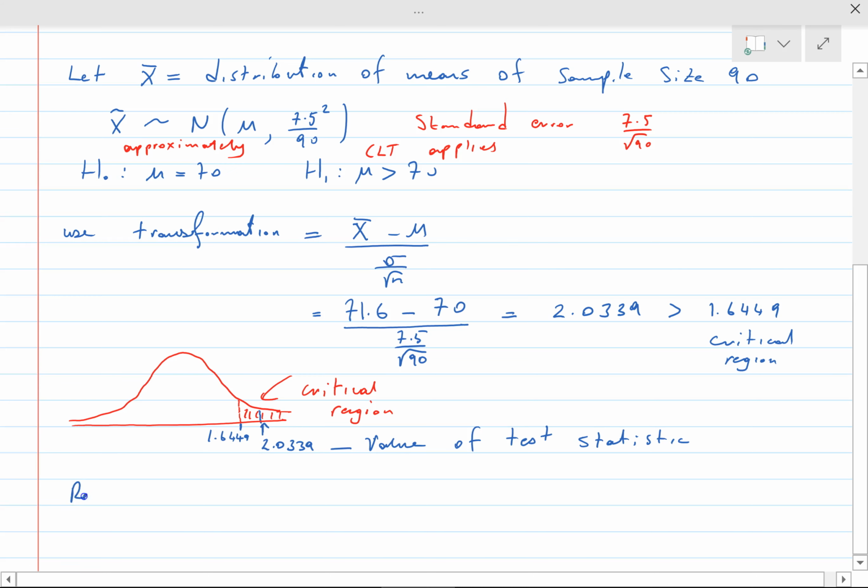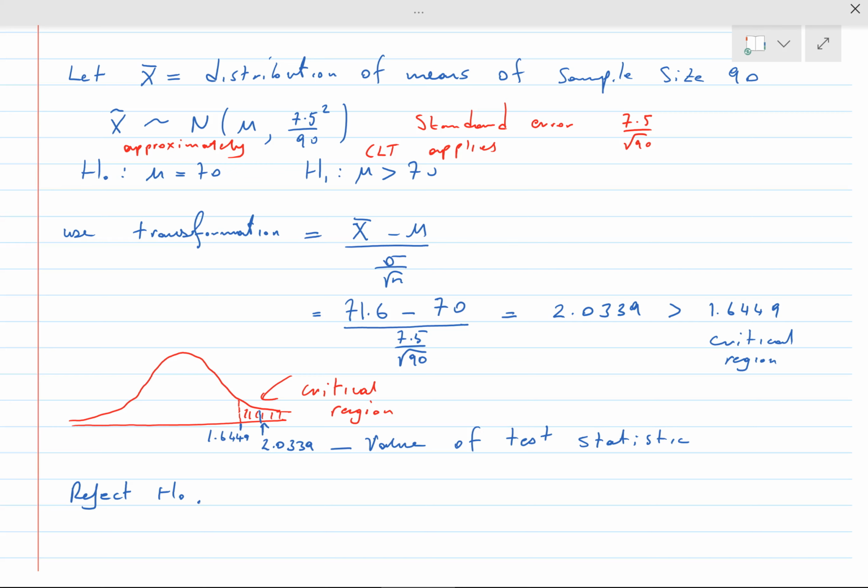So we reject H0, and then we need a contextual statement with some reference to the fact that it might not be right. There is a 5% chance at least, or maybe the actual significance level is better than 5%, but even so, there is a chance that our null hypothesis is incorrect.